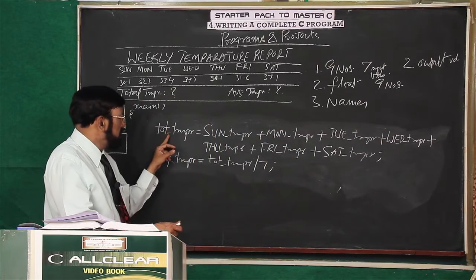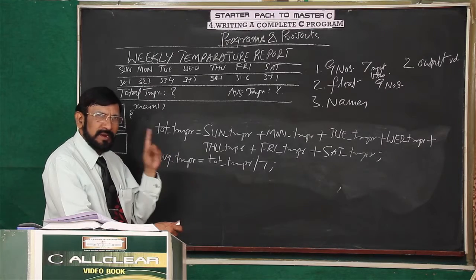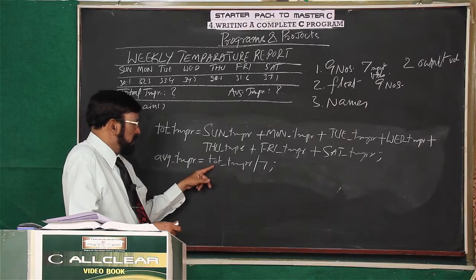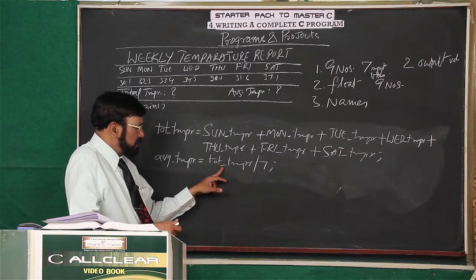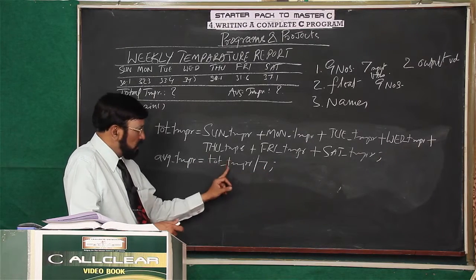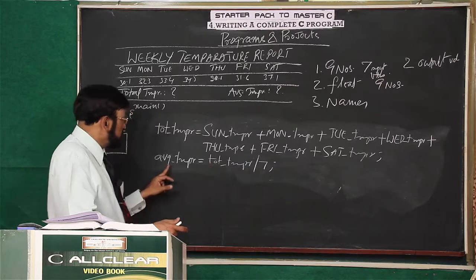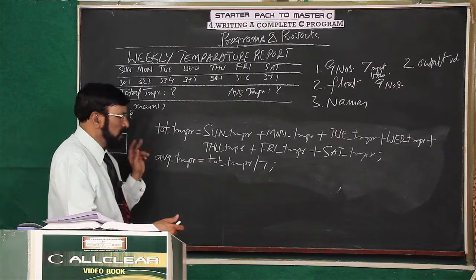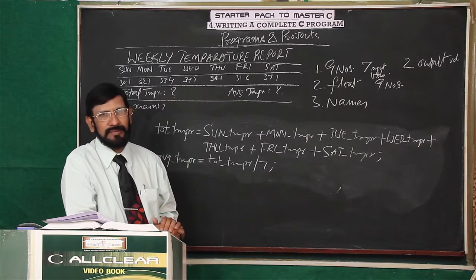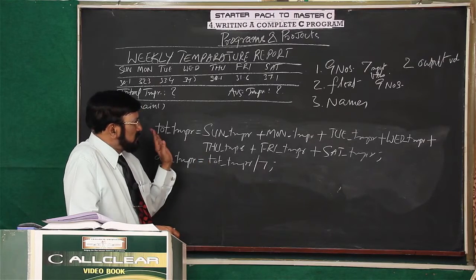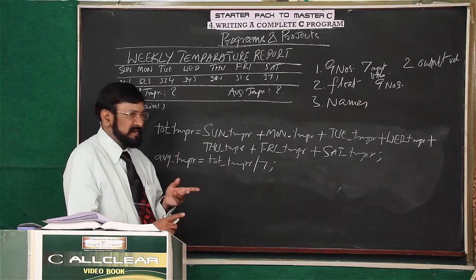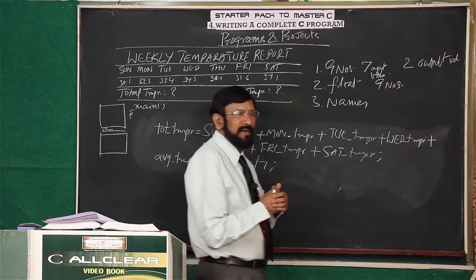That's why total temperature you must declare as float. In the same way, here total temperature is a float and this is int. Float versus int gives float. That's why average temperature also you are declaring as float. Understand? This is now the third section, processing. We have written it.